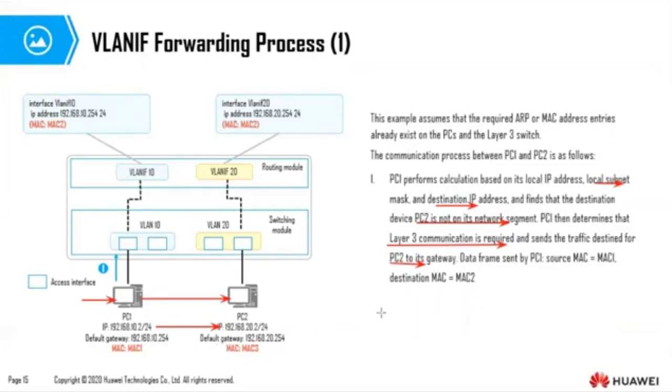254. So in the data frame sent by PC1, the source MAC address is the MAC address of who? Of this one. Are we together? Then the destination MAC address will be the MAC address of who? The MAC address of the VLANif interface.